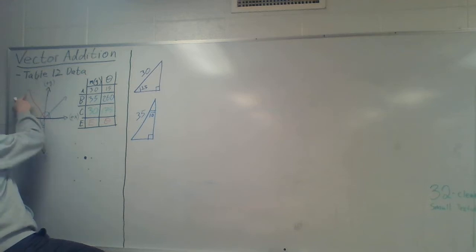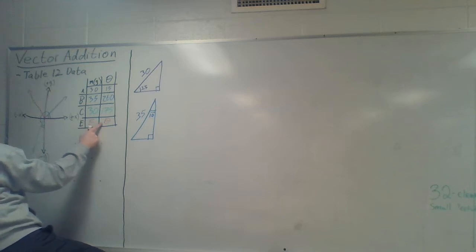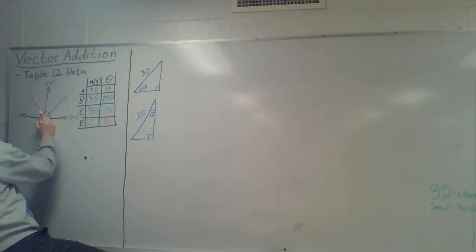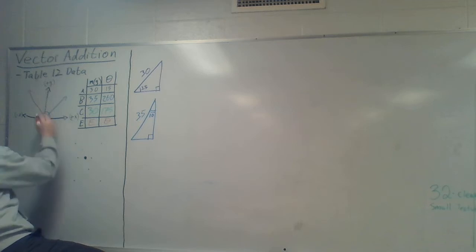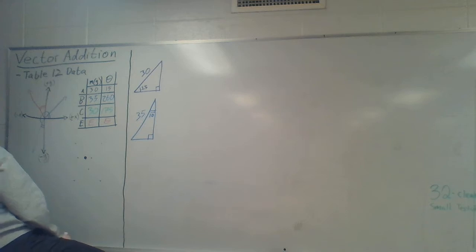So I'm calling its magnitude E, and I'm calling its direction theta. Now, I need to pick a side here to use as my theta for my triangle. So I am going to choose to use this as my angle for my triangle.